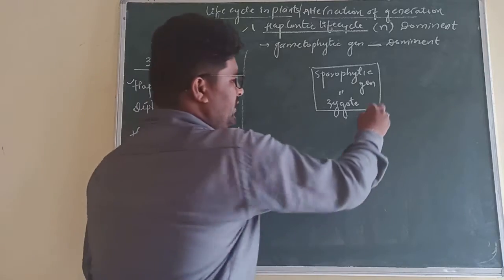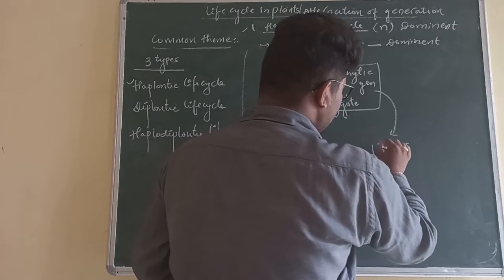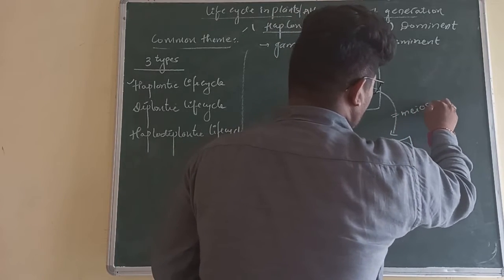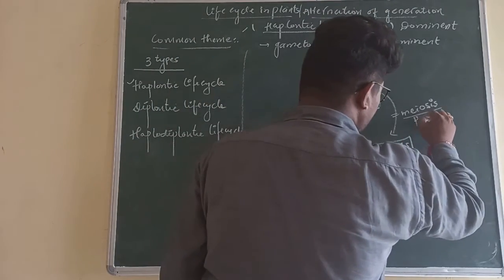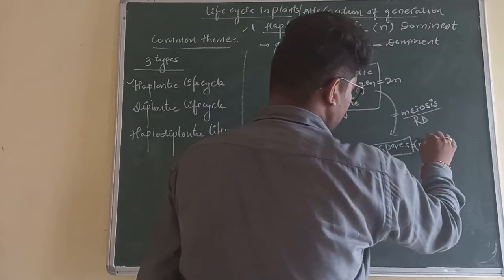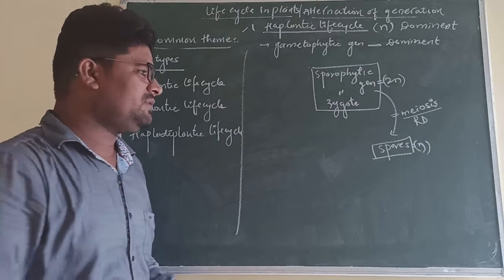So zygote is the sporophytic generation. This sporophytic generation will form spores, and the process that takes place in between is meiosis. That is reductional division, meaning from 2n it will get reduced to n. So spores get formed.